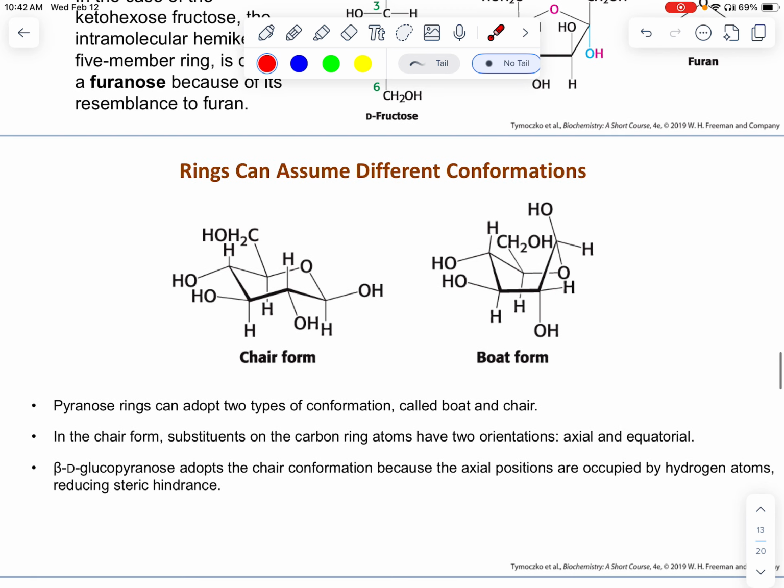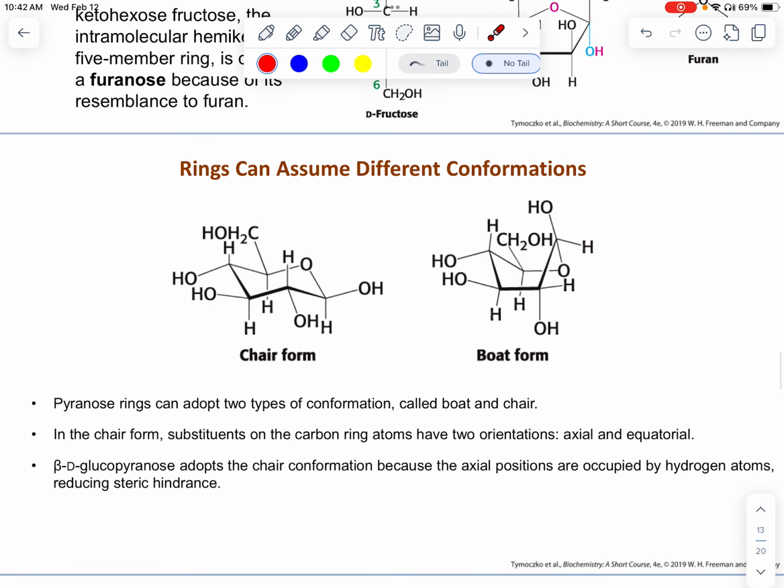All right, let's talk a little bit about conformations. As we think about the three-dimensional structure, and you will have looked at this in organic chemistry, we can get the chair form, where one of the points of that 6-member ring points up and the other one down. So picture your little lounge chair. Or we can have the boat conformation where they both point upwards, right, and make a little boat that could float.